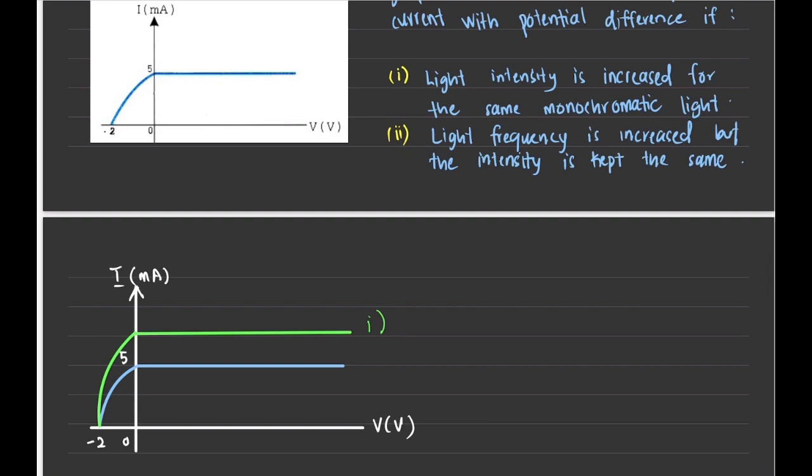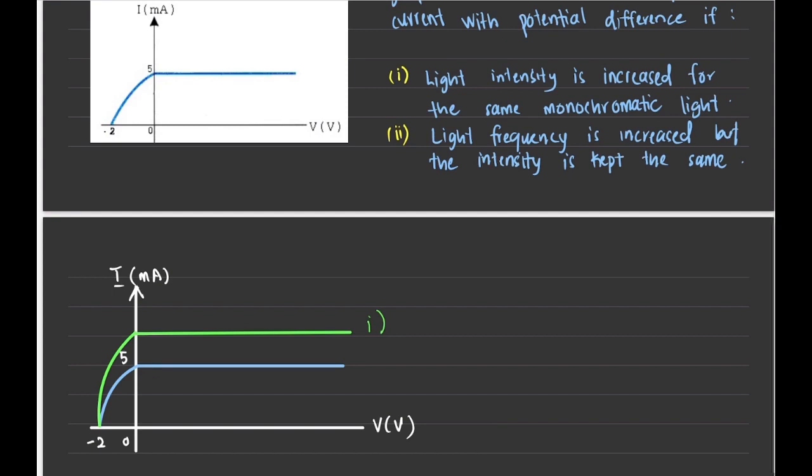For the second one, light frequency is increased, but the intensity is kept the same. So when the frequency is increased, the maximum kinetic energy of the photoelectrons ejected will also increase. So the value of Vs will increase.